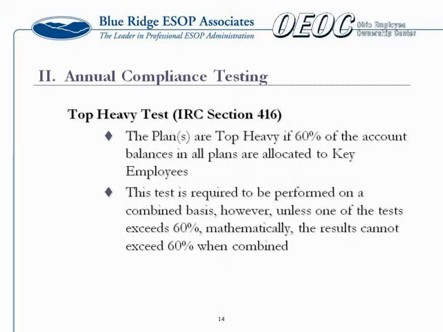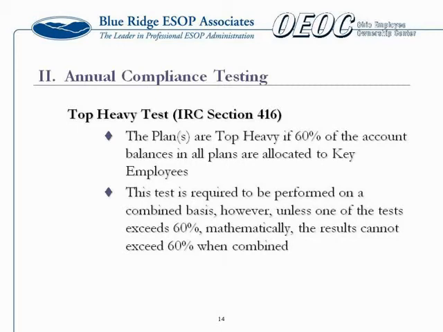So this is a combined test, just like that previous one, the 416 annual additions test that we just talked about. So it's combined with your 401k plan, and your plans are top heavy if 60% of the account balances in all the plans are allocated to key employees, and so it is required to be performed on a combined basis.